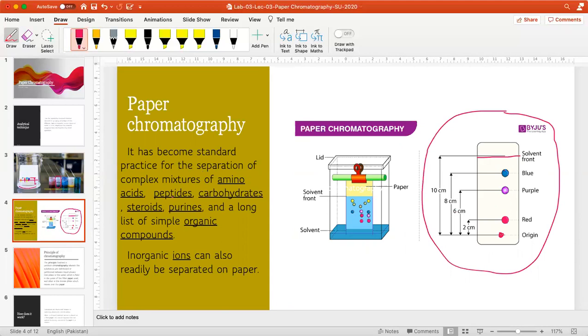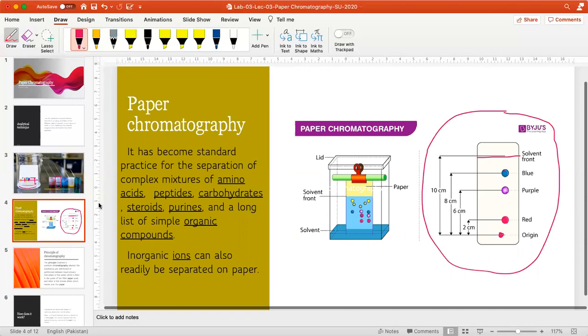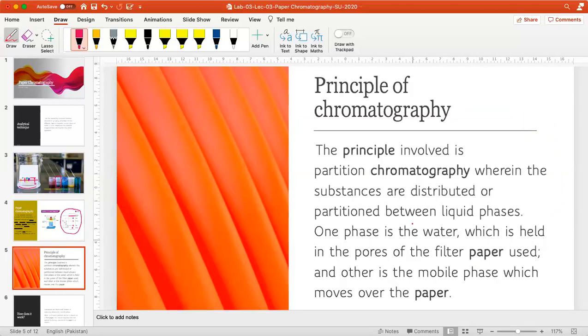So let me explain in my simple words. The principle involved is partition chromatography, wherein the substances are distributed or partitioned between the liquid phases.